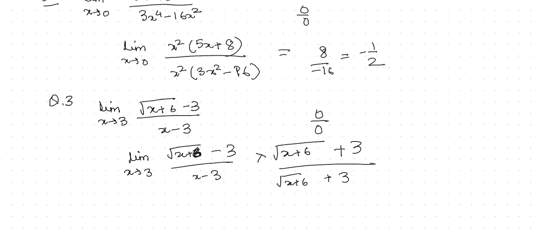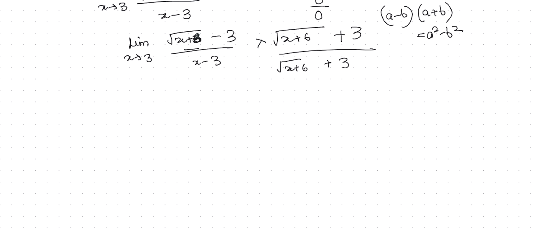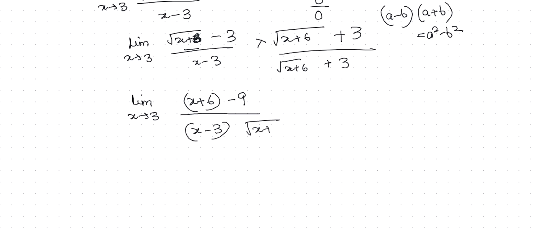Now we know that a minus b times a plus b is equal to a square minus b square. We can use this formula having this as a and this 3 as b. So now if we solve it, this will be x minus 3 and under root x plus 6 plus 3.